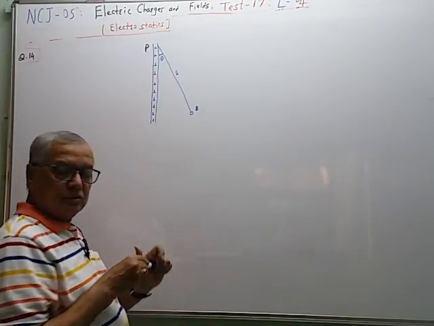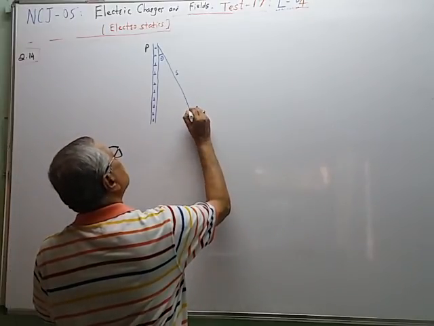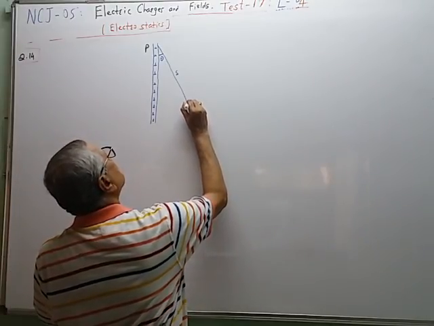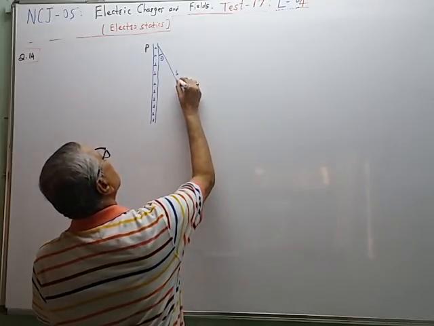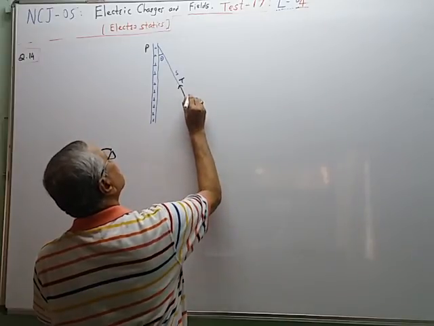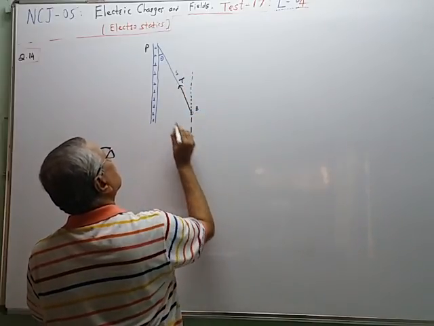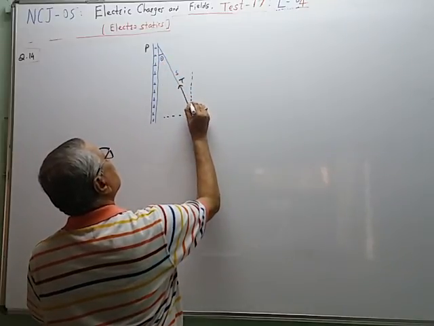So suppose this is the tension T in the string in this direction. T for tension. So if we draw x and y axis, then if this angle is theta, this is also theta.